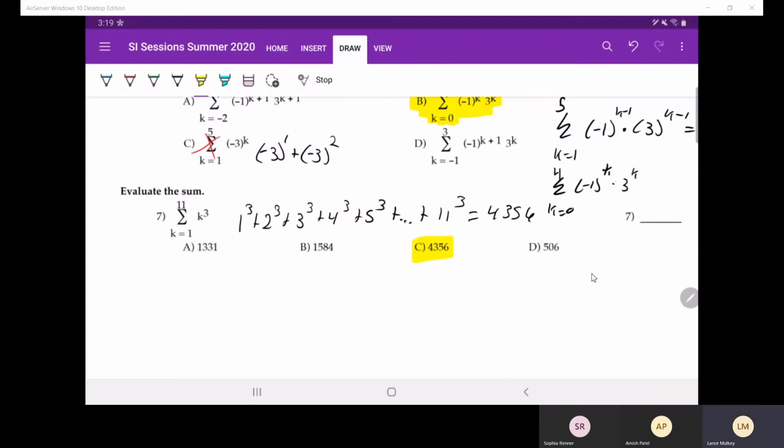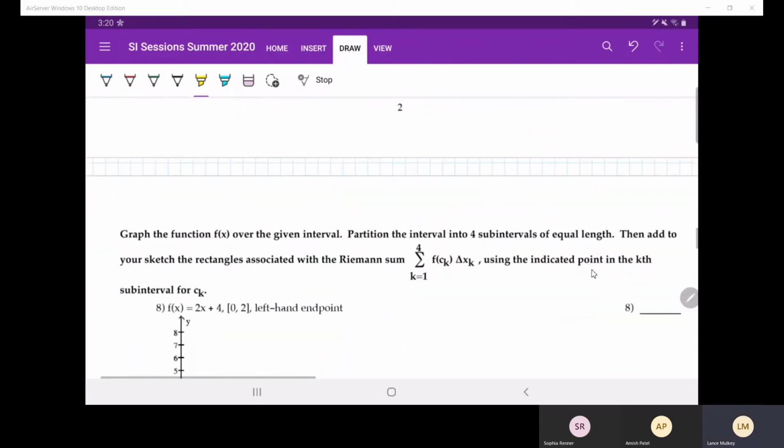I use a calculator. That's just ridiculous. No one knows what 11 cubed is. I'll literally stop at 10.